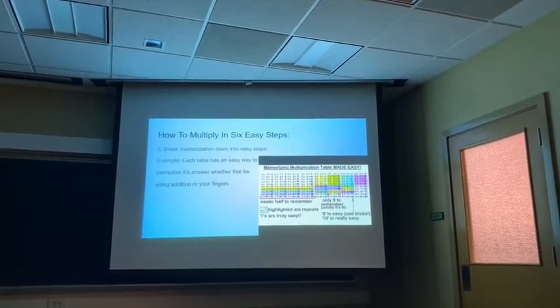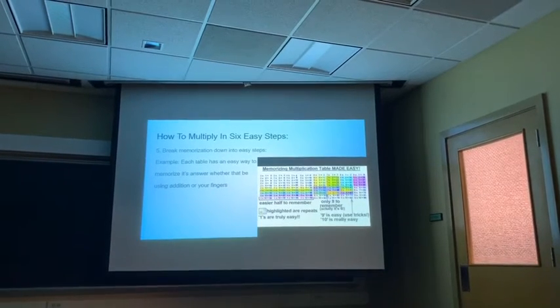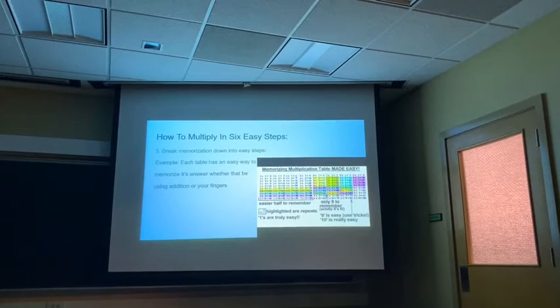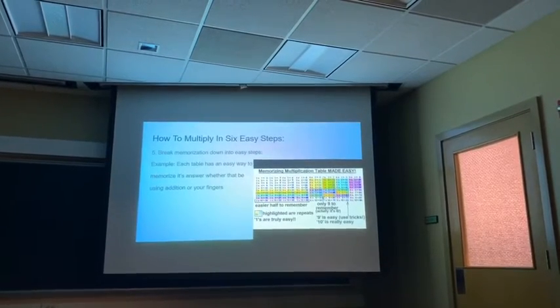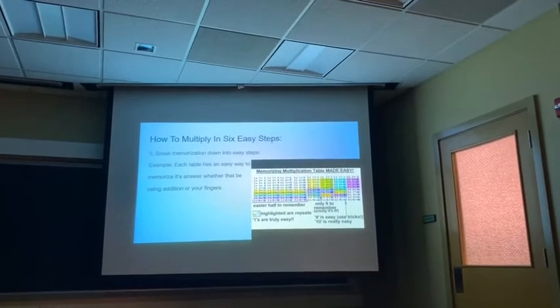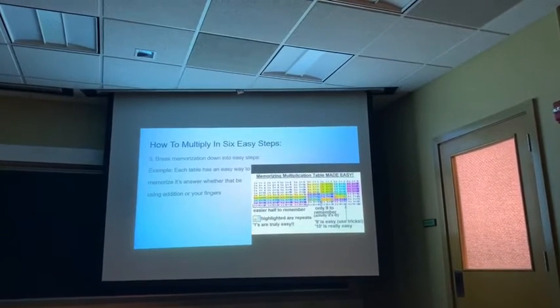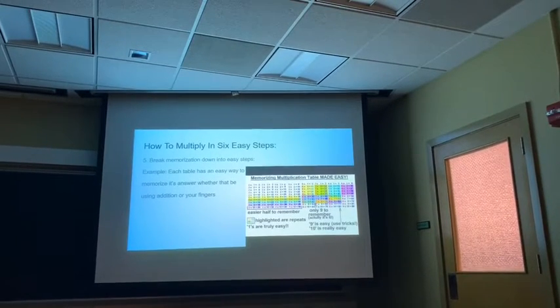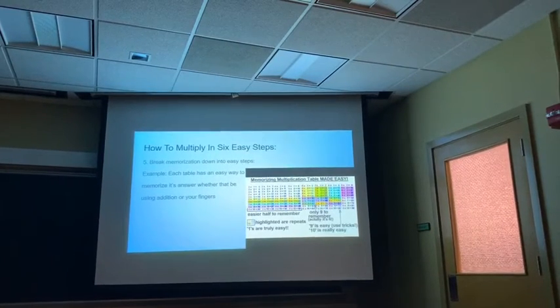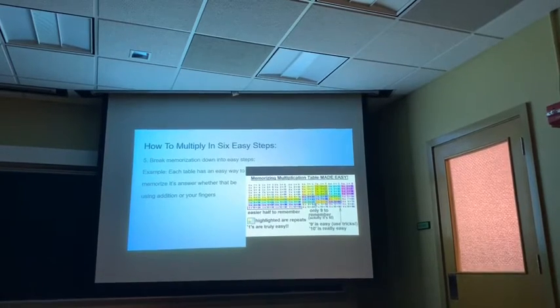And for 1, it's always going to be the number that isn't 1. And for 9, you can use your fingers and get your answer by putting down the finger that is the other number. Each multiplication equation has its own way to figure out the answer.